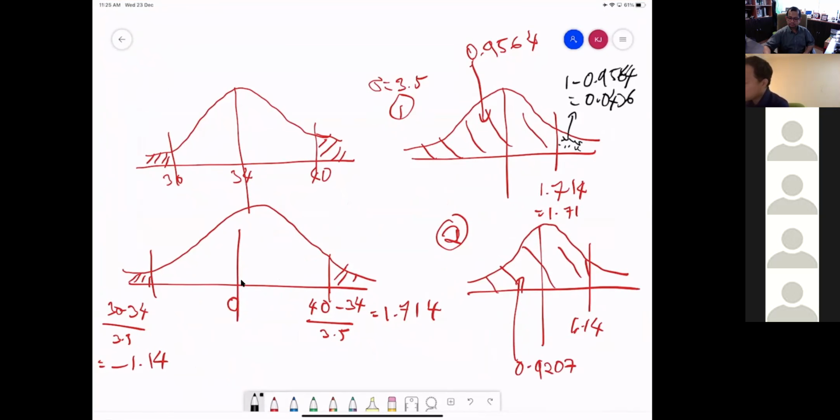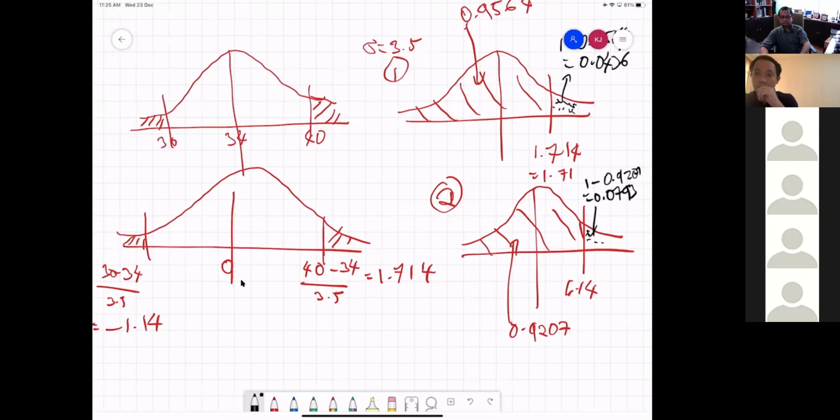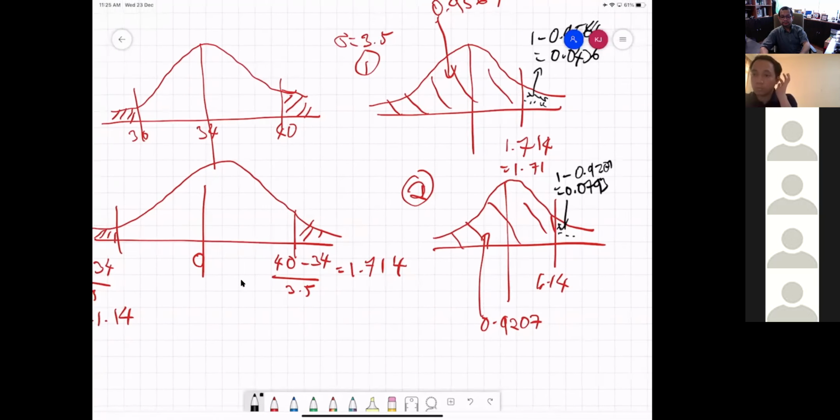So this area is 1 minus 0.9207, which is 0.07. So we know the area already.